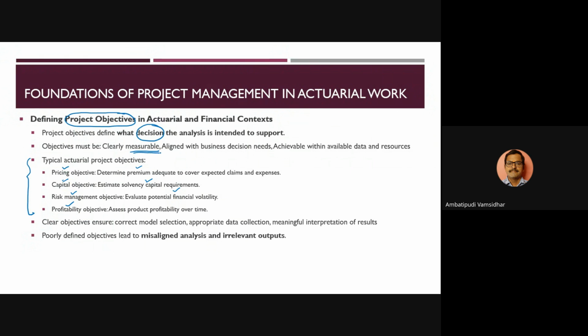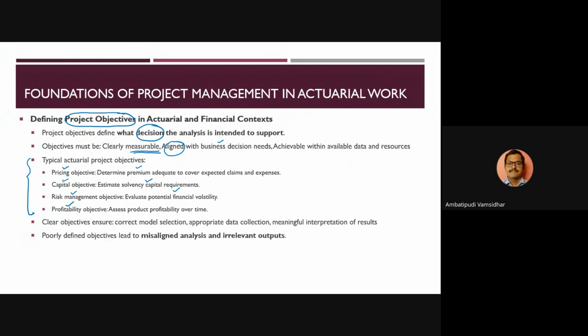Now, these are the different types of objectives, and you could see all these objectives are clearly measurable, right? What is it that I want to do? Did I do it or not? I can easily measure it. And they should be very clearly aligned with the business decision needs, right? The decision is to do a proper pricing. The decision is to do a proper capital adequacy assessment.